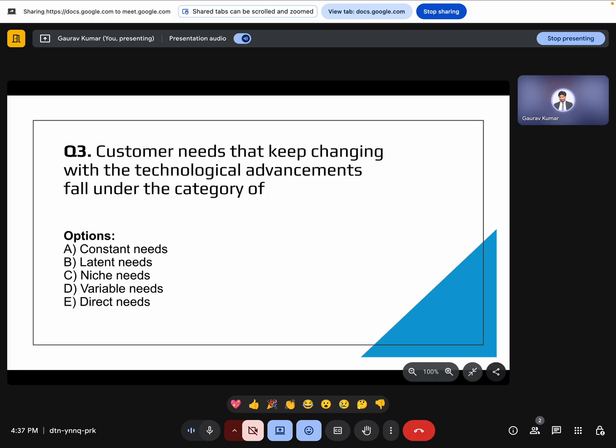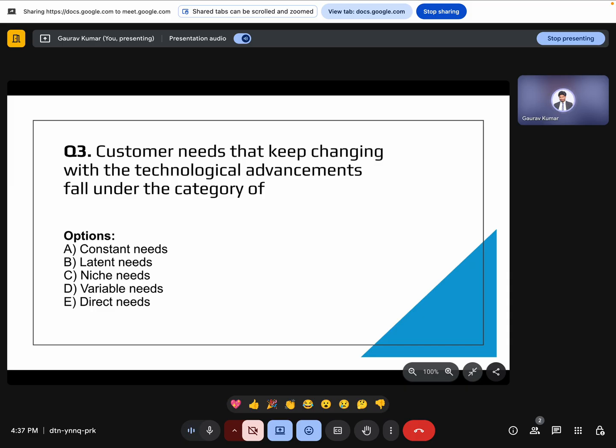So the correct option is option D, variable needs, because they depend heavily on innovation trends. The other options can be ruled out because constant needs never change, such as safety and comfort. Latent needs are hidden and unspoken, like the expectation that a crutch should not slip on wet tiles.